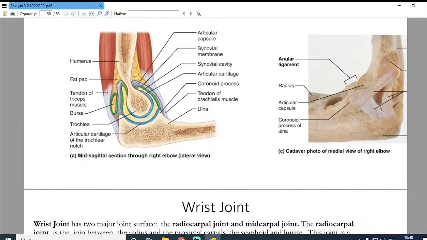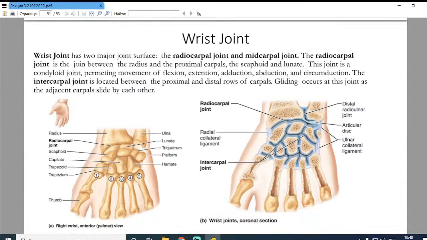Now you see the wrist joint. It has two major joint surfaces: the radiocarpal joint and the midcarpal joint, the intercarpal joint.